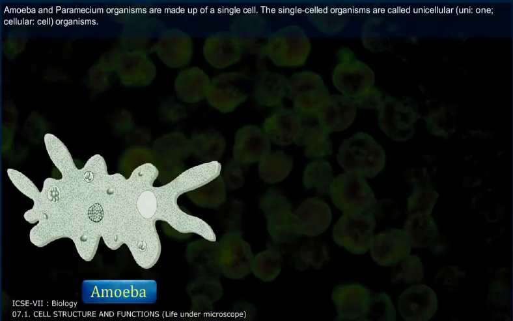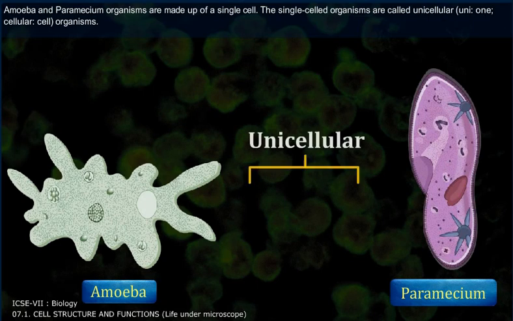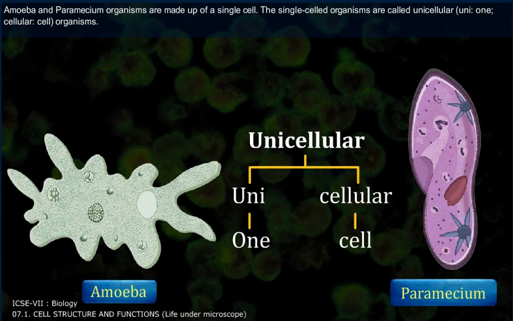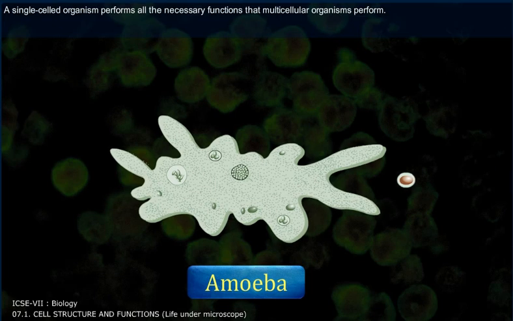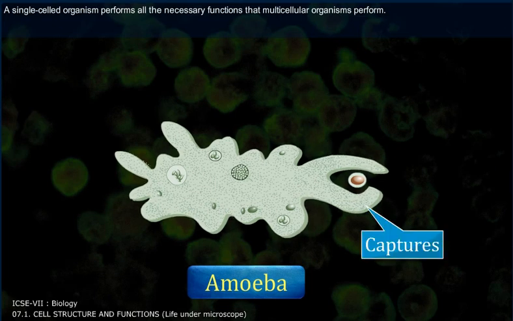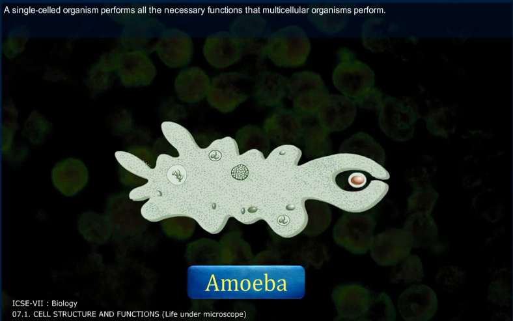Amoeba and paramecium are organisms made up of a single cell. The single-celled organisms are called unicellular organisms. Uni, one; cellular, cell. A single-celled organism performs all the necessary functions that multicellular organisms perform.